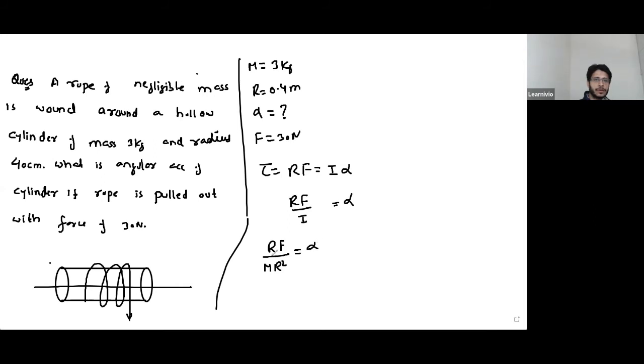This R can cancel one from the square, so you're left with alpha is F by mr. So your force is 30 Newton, your M is 3 kg, the radius is 0.4. So it's 30 by 0.4, which is 25 radian per second square.